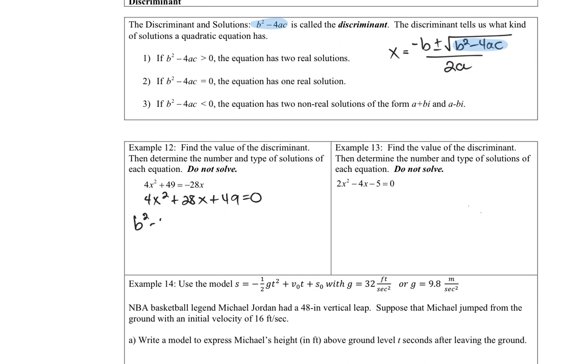So b squared minus 4ac, b is 28, minus 4 times a is 4, and c is 49. Let's see. So 28 squared is 784, minus 4 times 4 times 49 is 784. So that equals 0, which tells me I have one real solution.